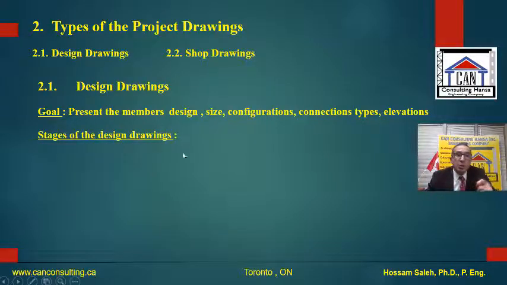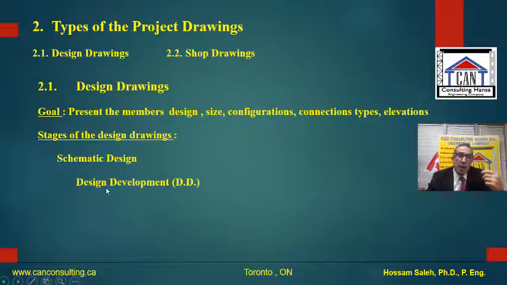So the stages of the design drawing, the first one is schematic design. With the schematic design, we know where to put our columns, what the system is, and we have some idea about our drawing, our design, and the load path. After that, when we agree on some column locations, material, and so on, we start the second stage, which is the design development.